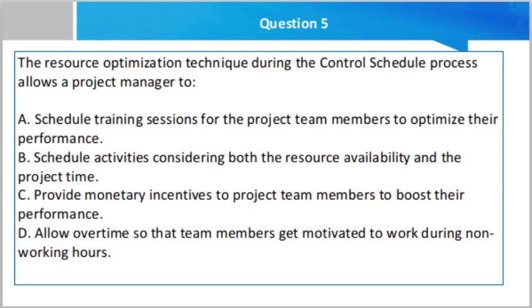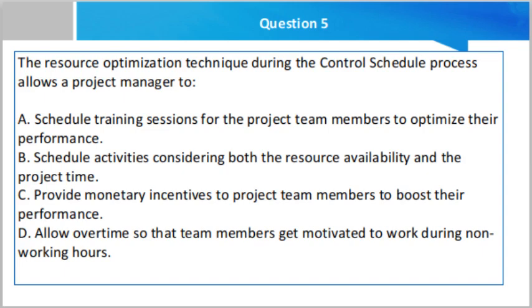Friend, the resource optimization technique during the control schedule process allows a project manager to: option A, schedule training sessions for the project team members to optimize their performance. Option B, schedule activities considering both the resource availability and the project time.